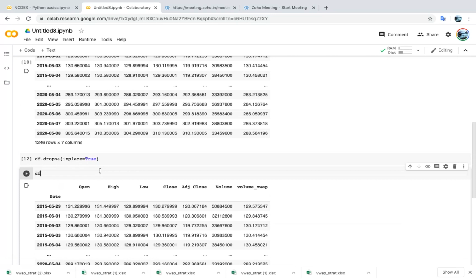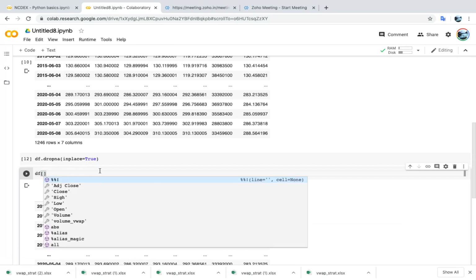Generally, when we use the volume VWAP logic, we compare it with the price of the instrument. Then we take the position accordingly, whether price is more than VWAP or price is less than VWAP. On the basis of that we do that.